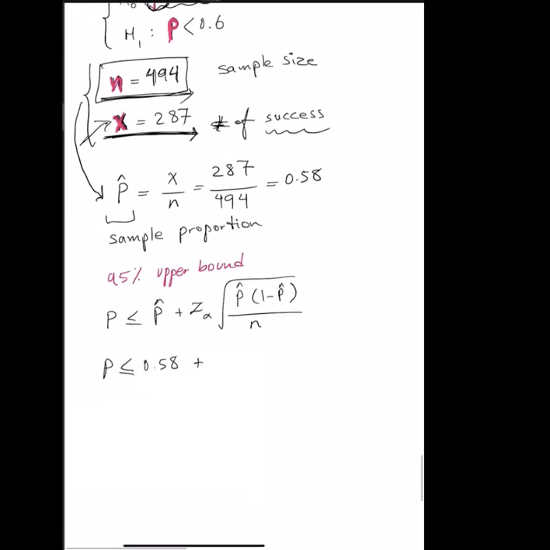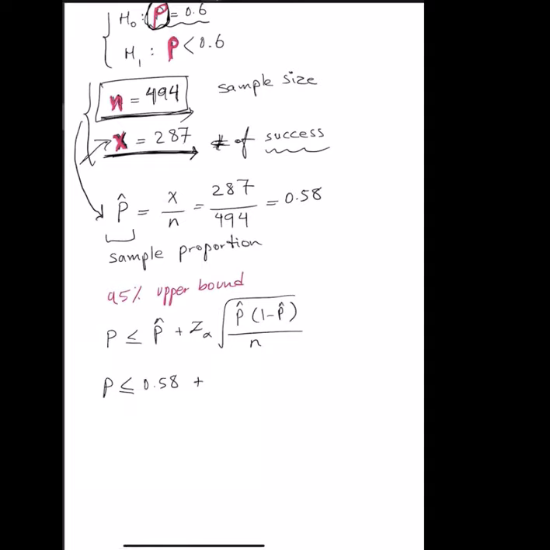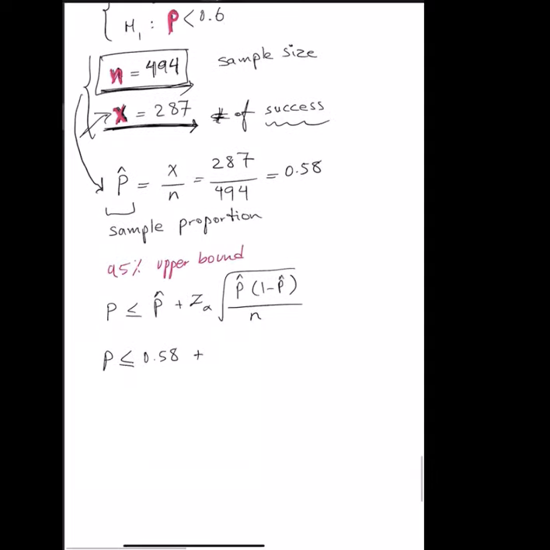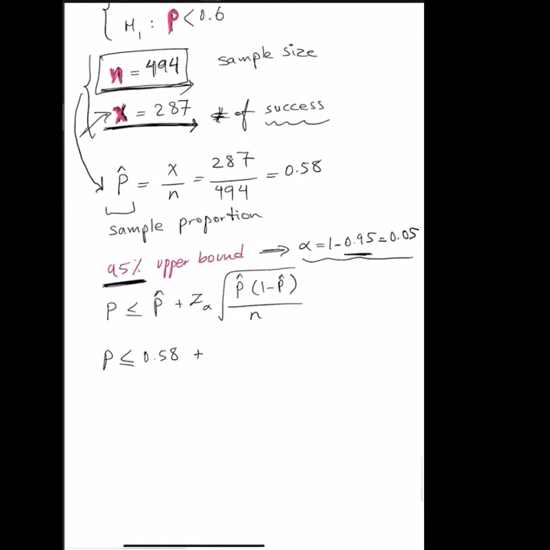Alpha is 1 minus 0.95, which is 0.05. If I tell you to construct a 95% upper bound, lower bound, or two-sided confidence interval, that's all you need. You shouldn't ask what alpha is. I gave you the confidence level, 95%, so find the significance level automatically. And z of 0.05 is always 1.64.